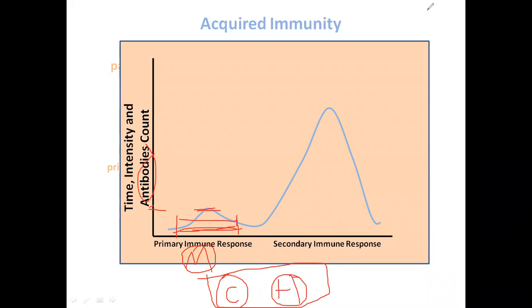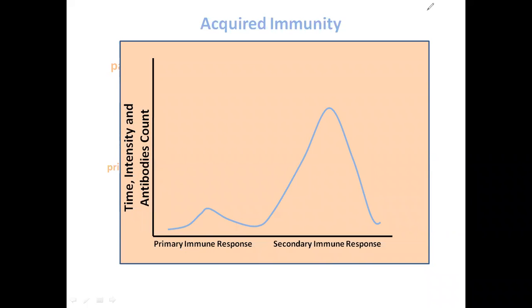Therefore, the first exposure of antigen to our immune system is known as the primary immune response. But whenever the antigen encounters our immune system for the second time or third time, it causes the secondary immune response, whether it may be the second, third, fourth, whatever time the antigen enters into our body.